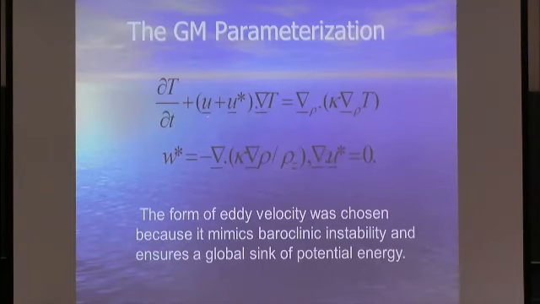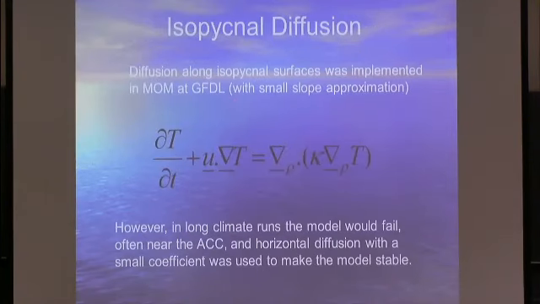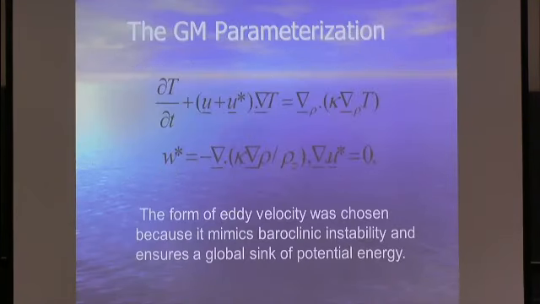So the difference between this and the last slide is that there's an extra advection of temperature and salinity, which we call the eddy-induced velocity. And we proposed a form, these are three-dimensional velocities here, which, just like the mean velocity, has 0 three-dimensional divergence.